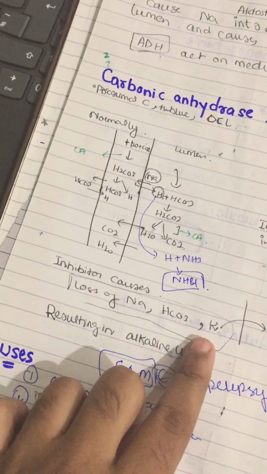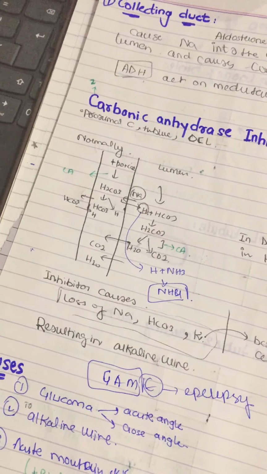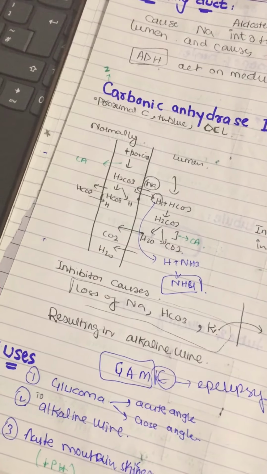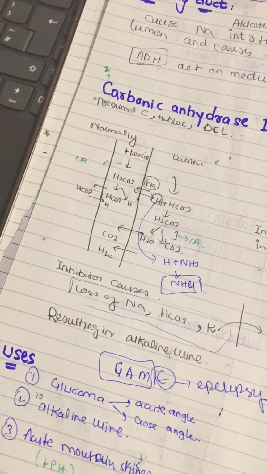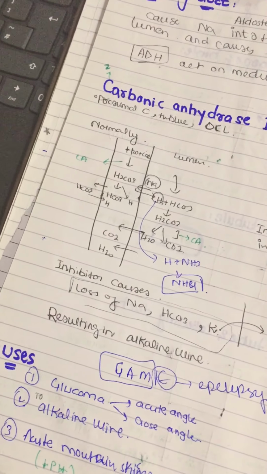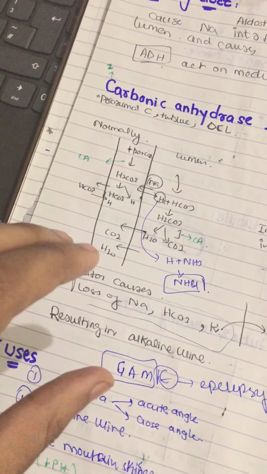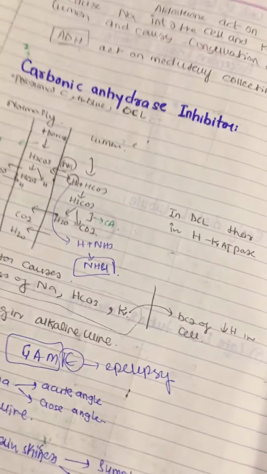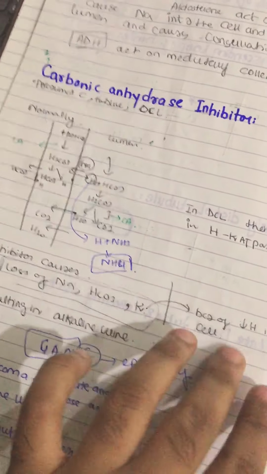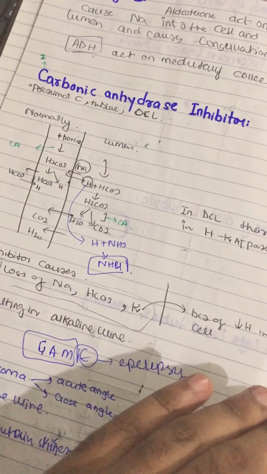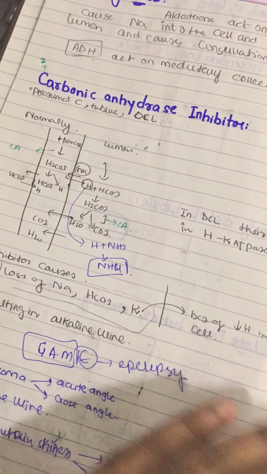In short, there is going to be loss of sodium, potassium, bicarbonate, chloride, amino acid, and glucose, and it's going to cause alkalinity of the urine. The potassium loss is because there is going to be no hydrogen loss.